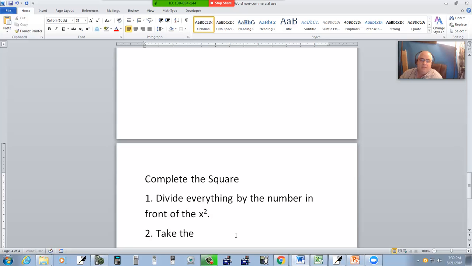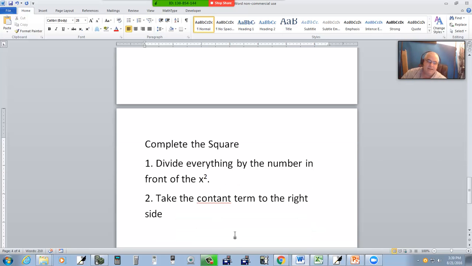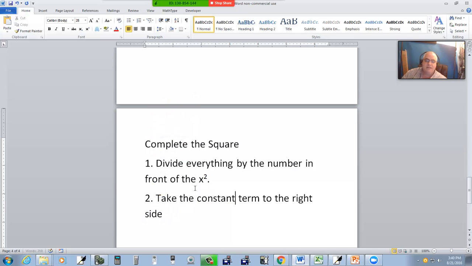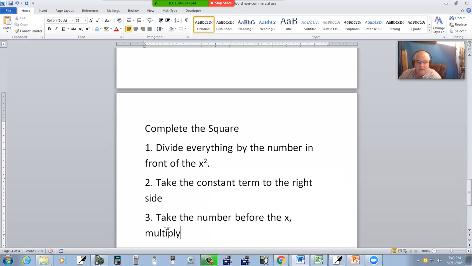Step 2, take the constant term to the right side. What's spelled wrong about that? I'm missing the S. Constant. There you go. Step 3, take the number before the x, multiply it by 1/2, square it, and then add to both sides.